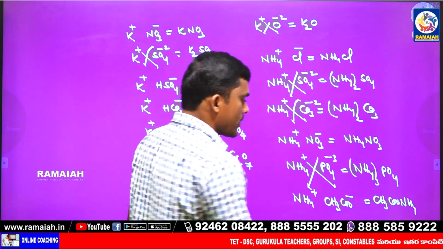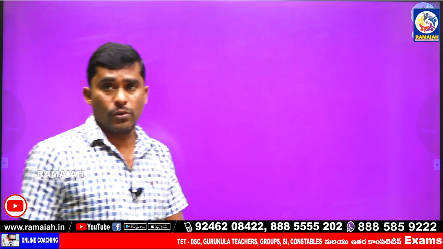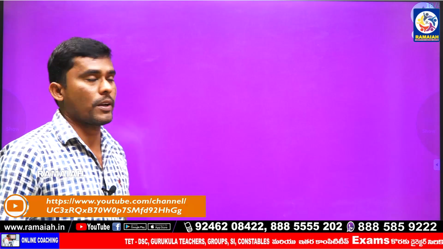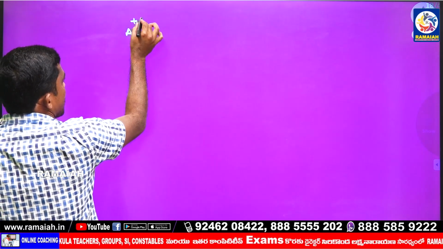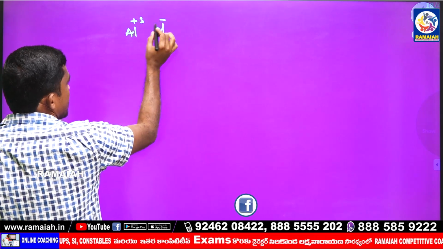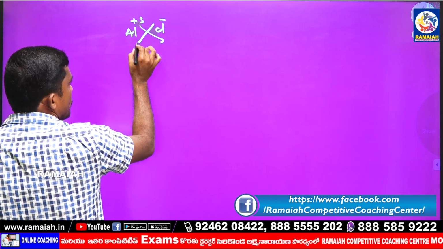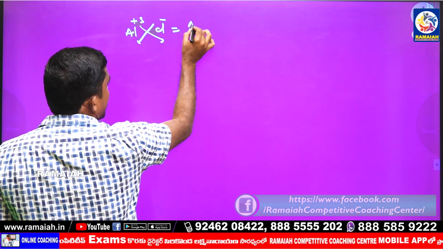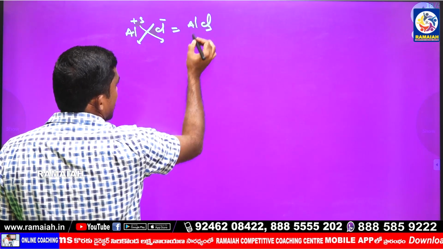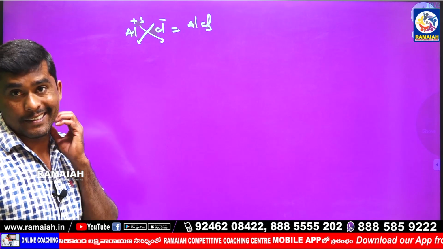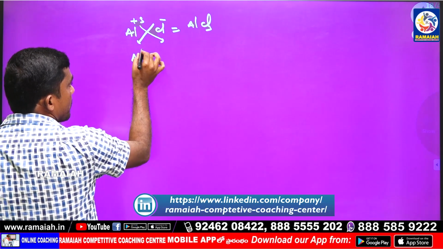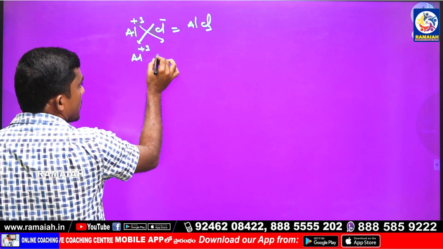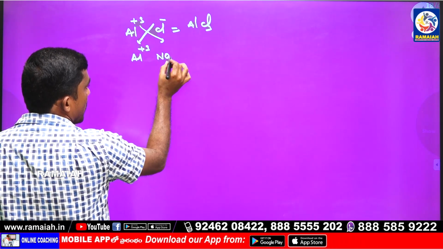Okay. Next example, aluminium chloride. Aluminium means Al plus 3, chloride means Cl minus. Here the charges are not equal, so use the crisscross method. The formula is AlCl3, aluminium chloride. Next, aluminium nitrate: aluminium Al plus 3, nitrate NO3 minus.